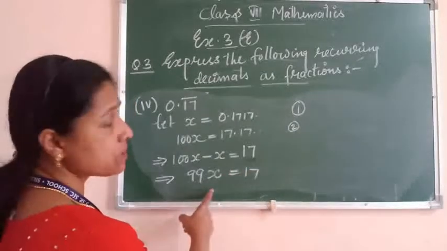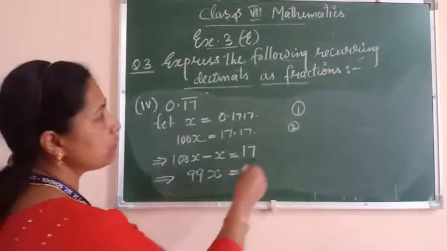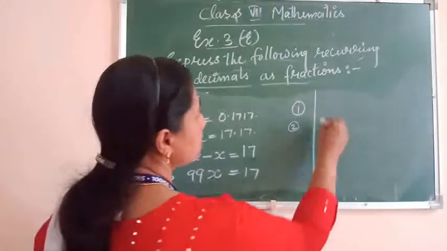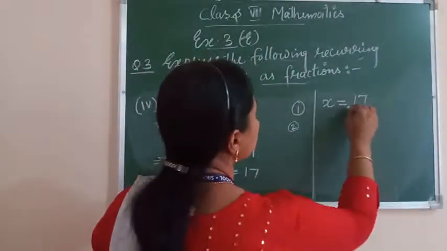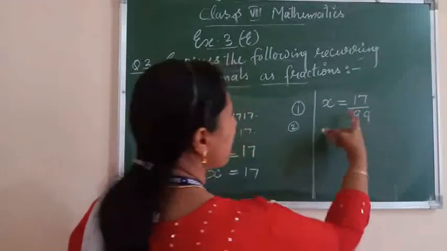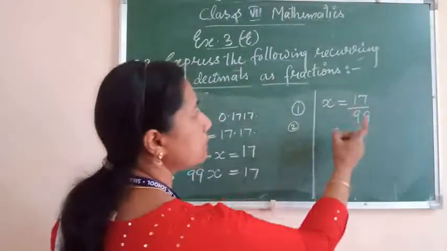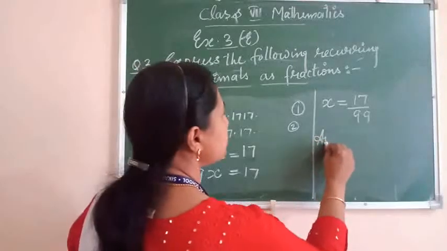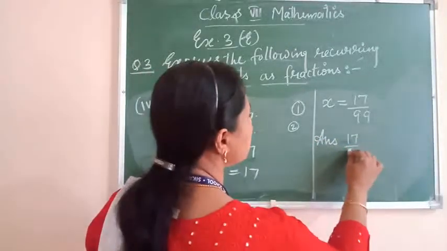Now this is your equation, 99x is equal to 17. Now we are finding the value of x. Then x is equal to 17 upon 99. Now check the answer. Is it possible to reduce? See, here there is no common factor. So the answer of this question is 17 upon 99.